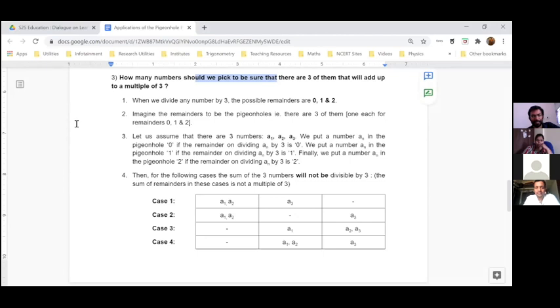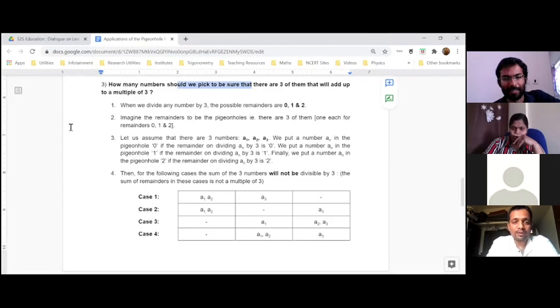Third point, if we assume that there are 3 numbers, A1, A2, and A3, we put a number An in pigeonhole 0 if the remainder on dividing that number by 3 is 0. Similarly, we put a number An in pigeonhole 1 if the remainder on dividing that number by 3 is 1, and so on.